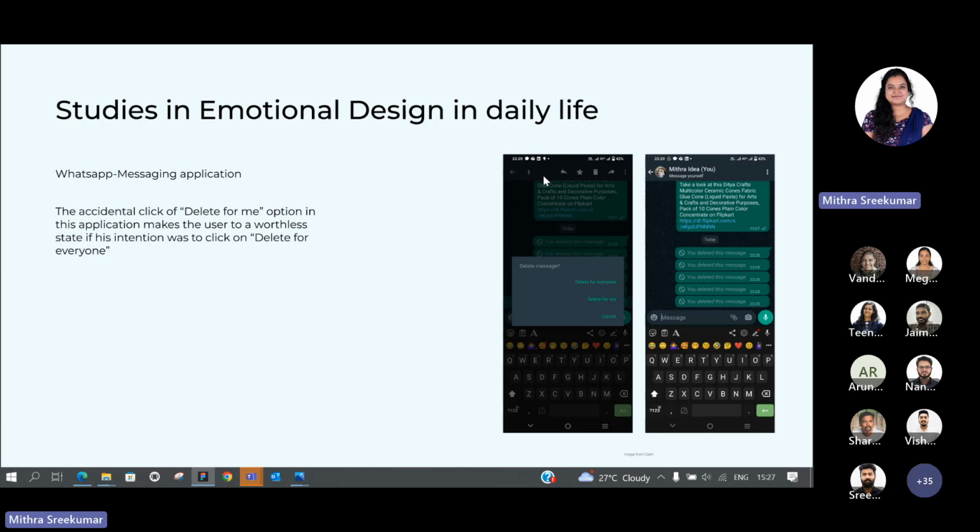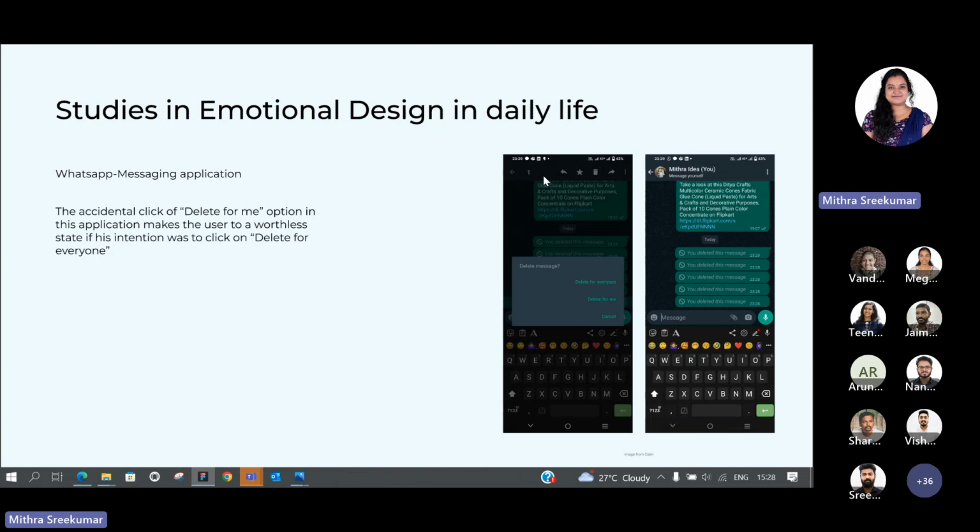They have provided three options, and when some person actually wants to delete the message for everyone, but accidentally clicks on delete for me only, then that person goes into a clueless condition where he cannot do anything.